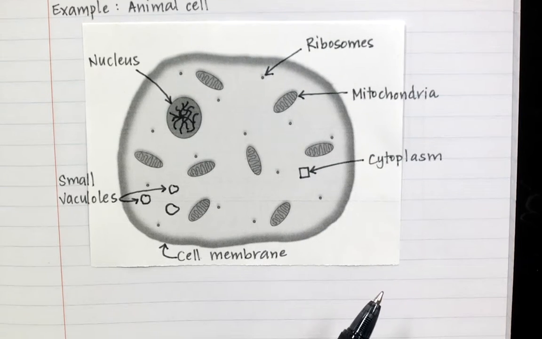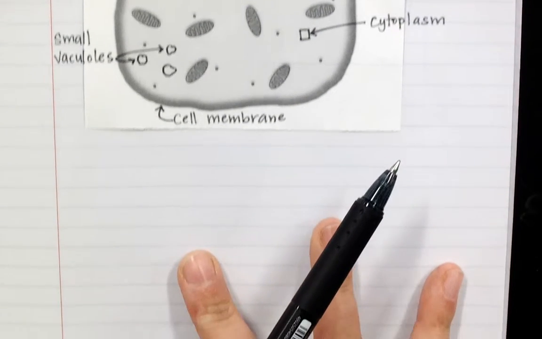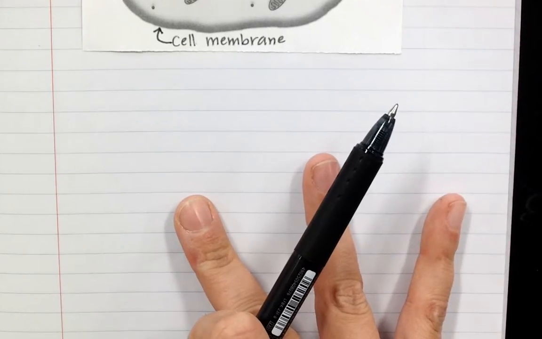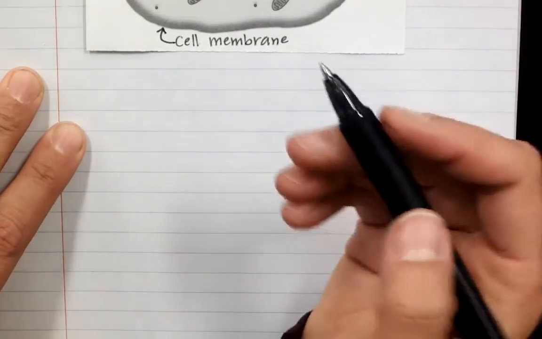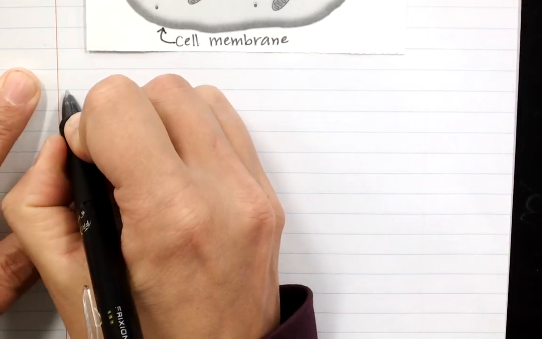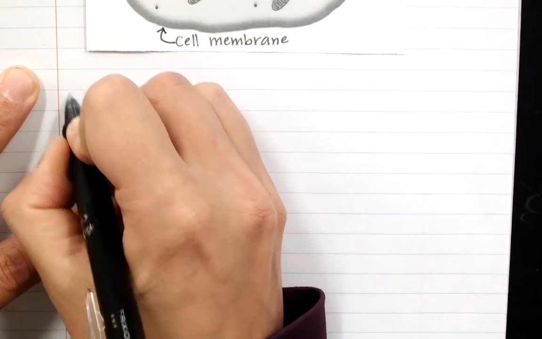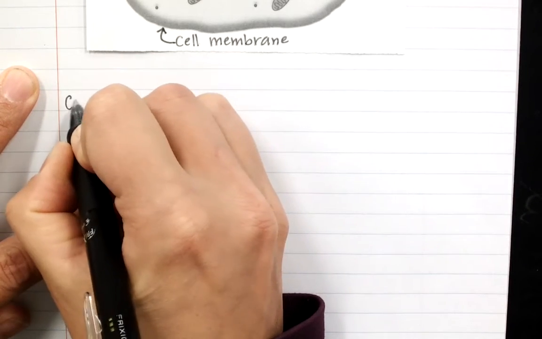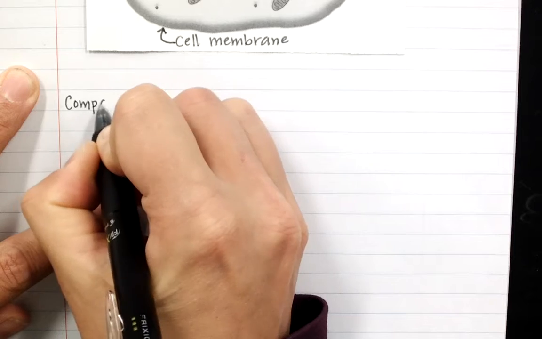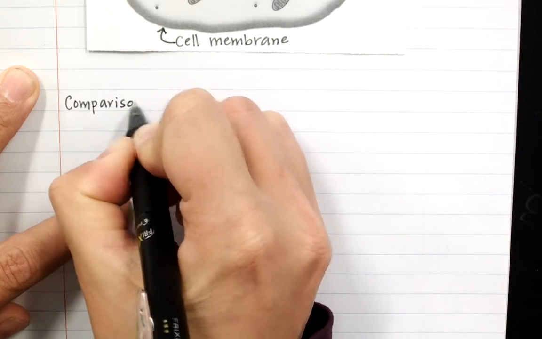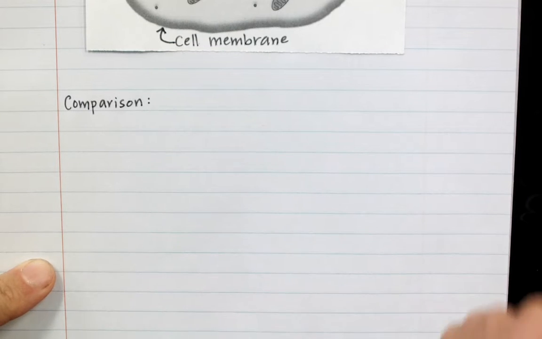All right, so below this, what we're going to do is you're going to do a comparison. And so I like to do a Venn diagram, but you can do whatever you want for this. So I'm just going to title it comparison. And what you have to do is you have to compare our plant cells, our animal cells, and our bacteria cells.